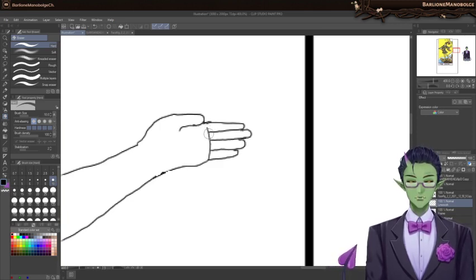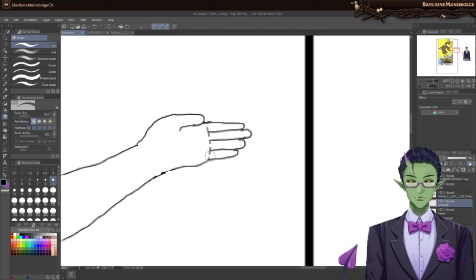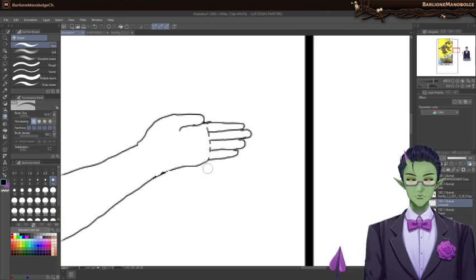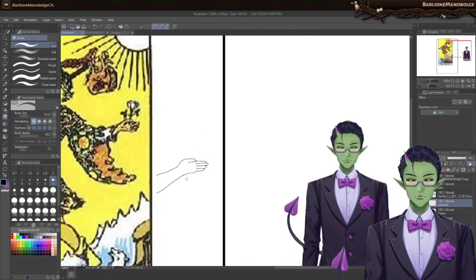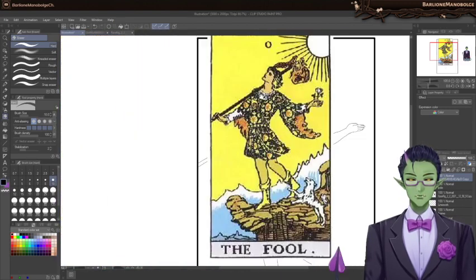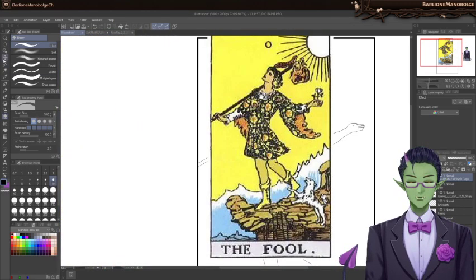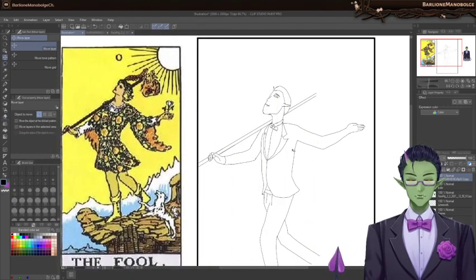Get rid of the... There we go. Because hands have some lines on them. Okay. Maybe not that much, but I'll leave it as is. Pull back to your resting spot.